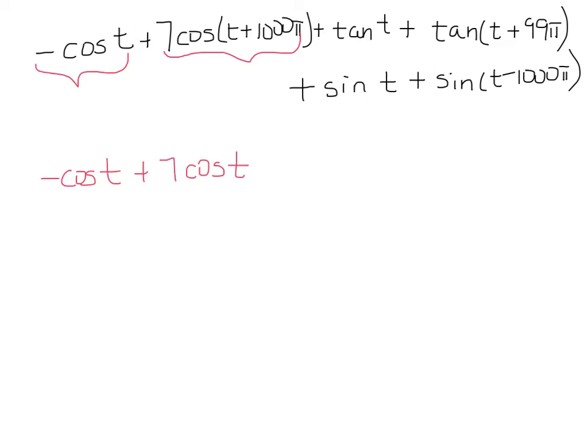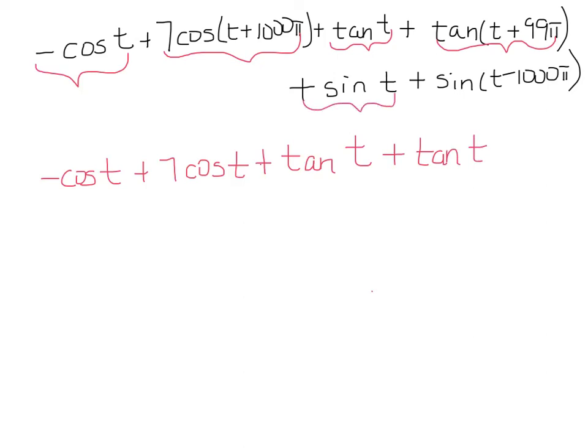Then we have tangent of t, so we're okay, because we're still under 2 pi. Then we have tangent of t plus 99 pi. And remember, that just means that we had to go around the circle a little more, but that'll put you right back at your coterminal angle.